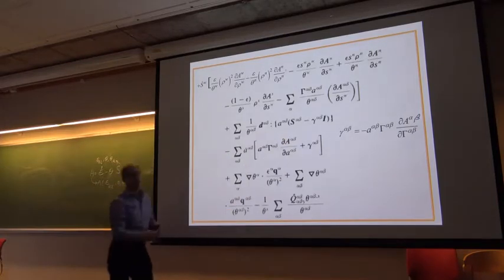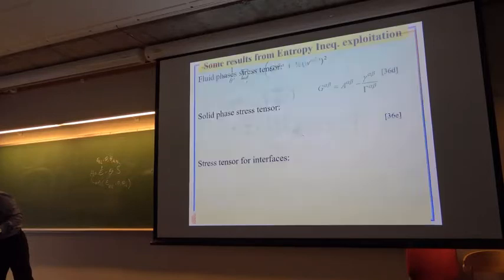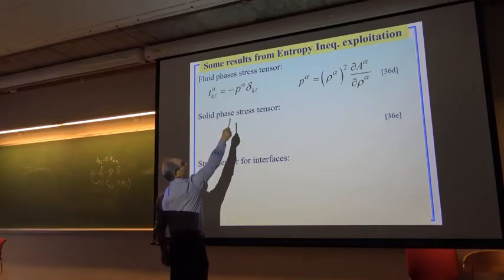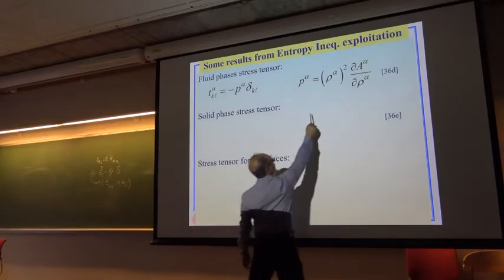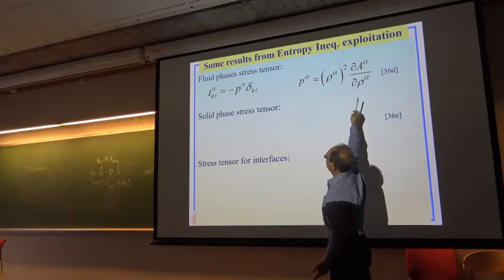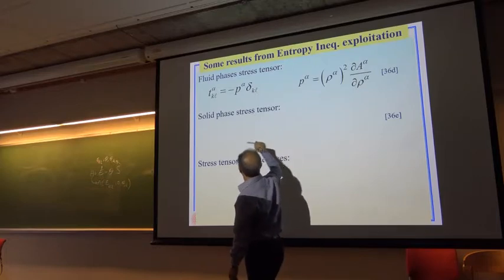And those few will give you this kind of results: that the stress tensor in a fluid, the state of stress, is isotropic and is related to the rate of change of free energy with specific volume, or in extensive terms, in terms of volume.